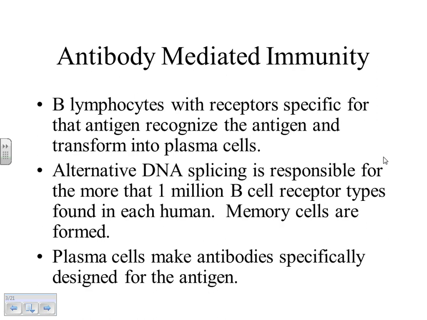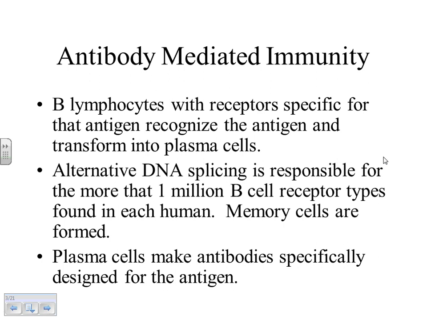Now, a couple of things that we talked about. The receptor on the B lymphocyte has to be very specific for that antigen. If it doesn't have the right receptor, it's not any good. So alternative DNA splicing helps us to make all these different receptors that we have, up to 1 million different B cell receptors. But you only have a few genes for making B cell receptors.